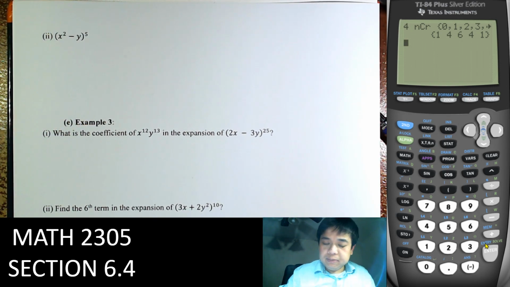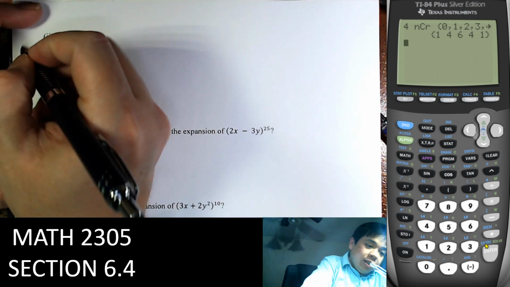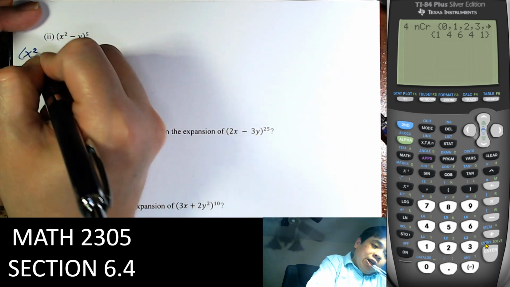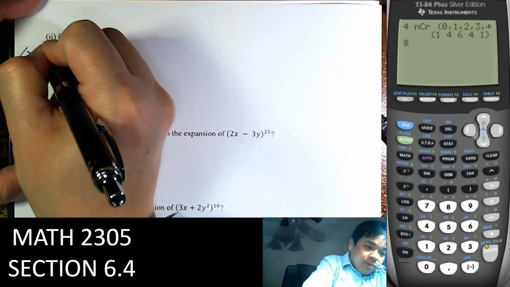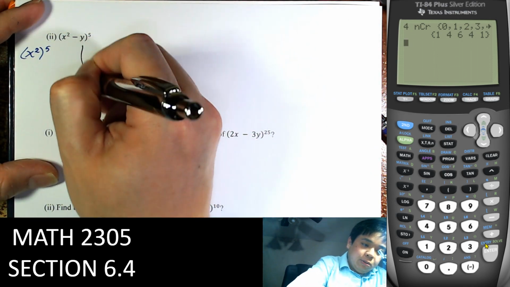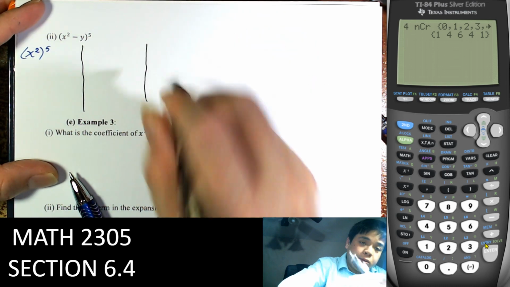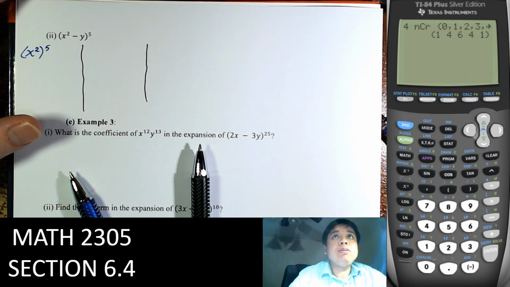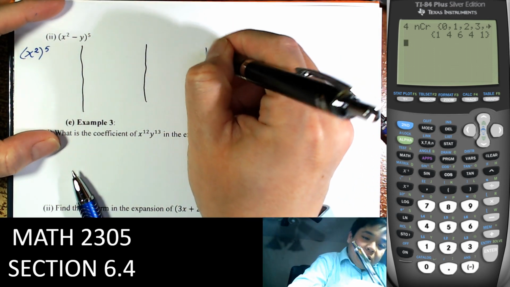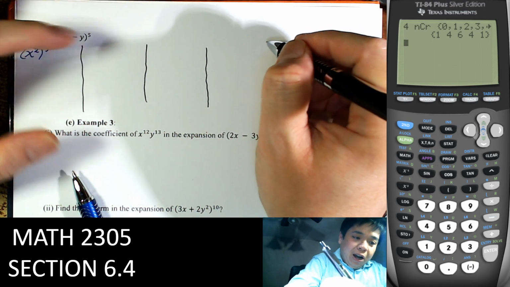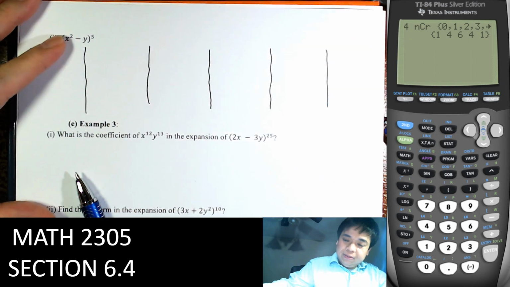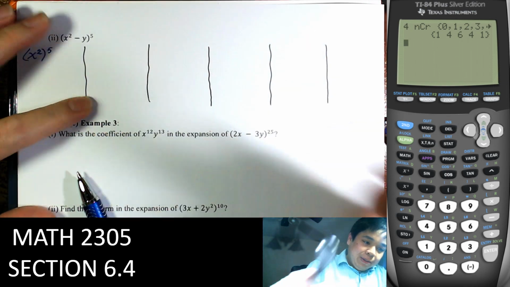Same thing here. So we start with the first term. Decrease the power from that number, 5. Right, so. Right. So just write in columns. 5, 4, 3, 2, 1, 0. Right.